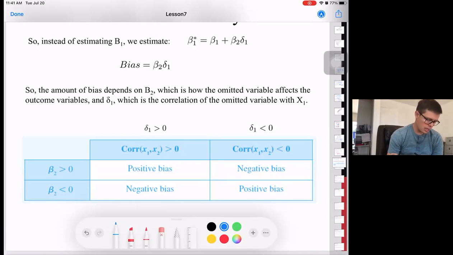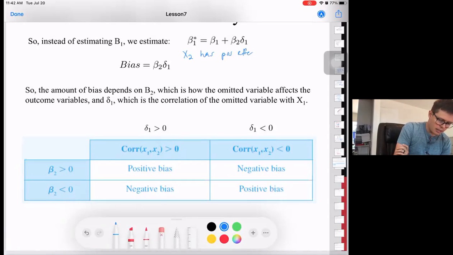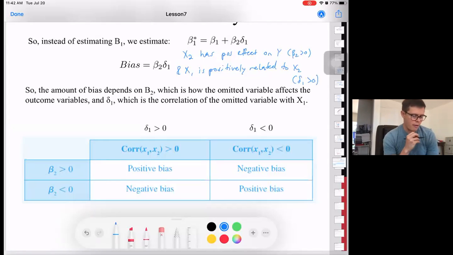So for instance, what if x2 has a positive effect on y, so that is to say beta 2 is greater than 0, and x1 is positively related to x2, which is to say delta 1 is positive. If that's the case, is the bias positive or negative?